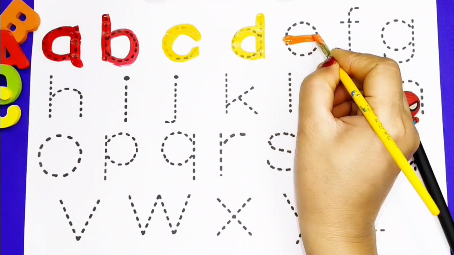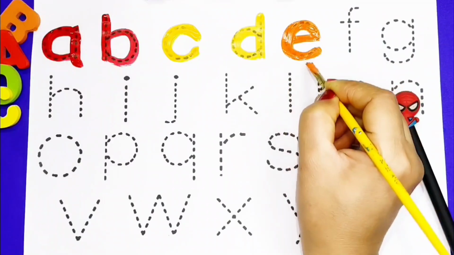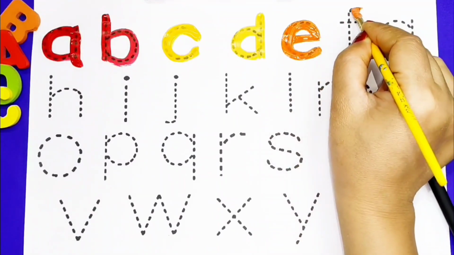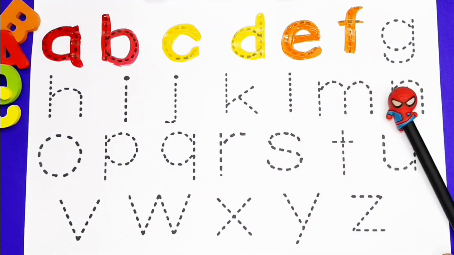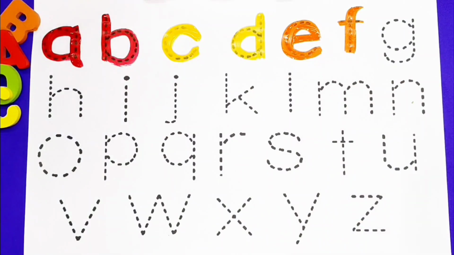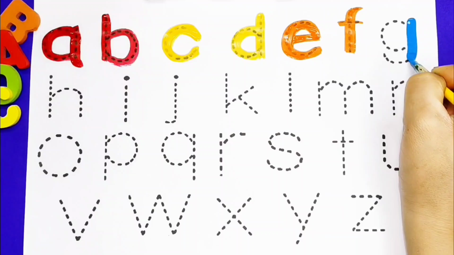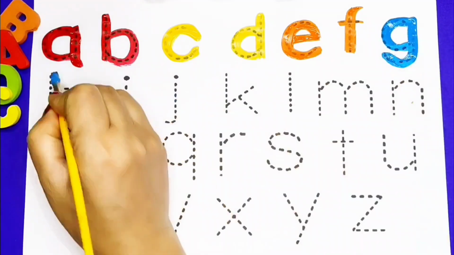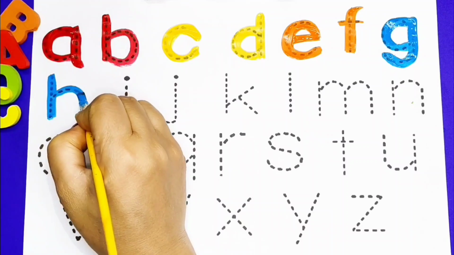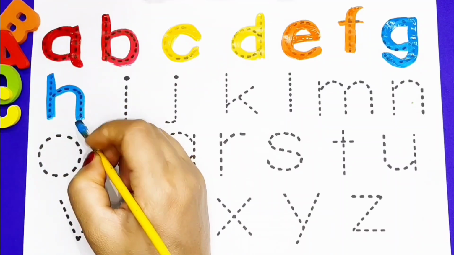Orange color. E for elephant. F for frog. Sky blue color. G for goat. H for horse.